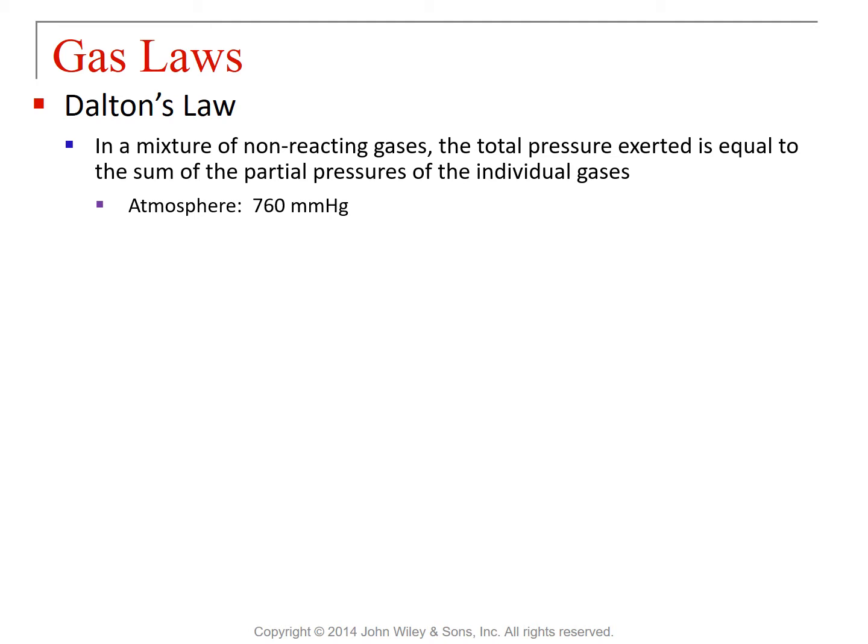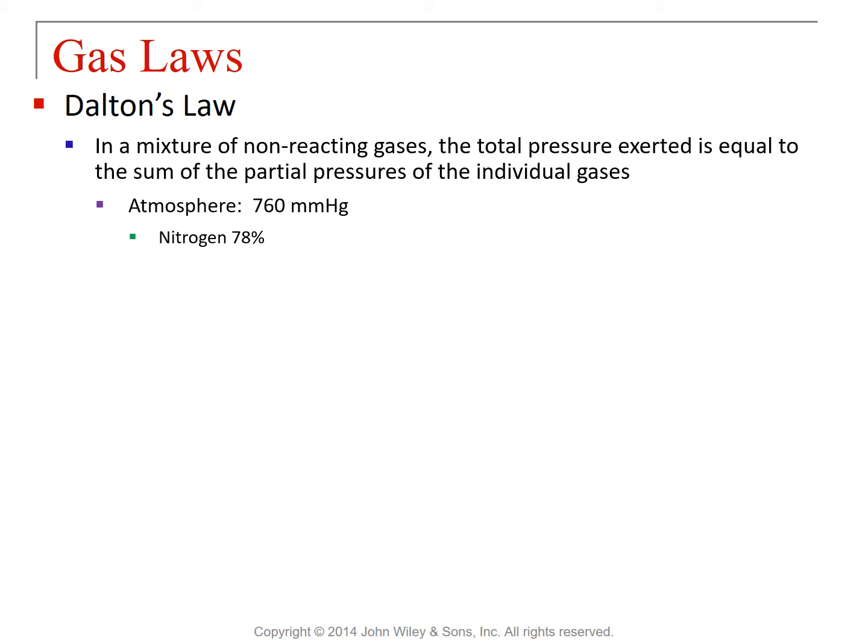Now, when you're talking about partial pressures in this gas mixture, the percentage of the gas, the concentration of the gas, is also going to be the percentage of its partial pressure. So by way of explanation, let's work our way through this. The atmosphere is 78% nitrogen, and our total pressure for the atmosphere is 760.